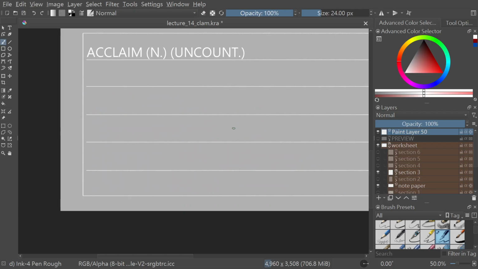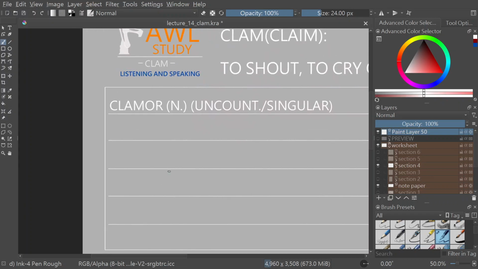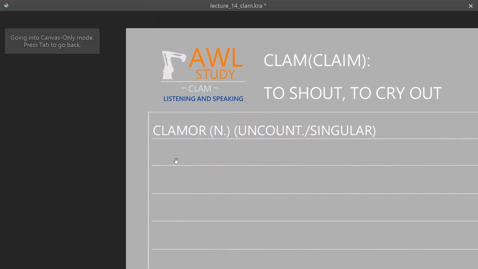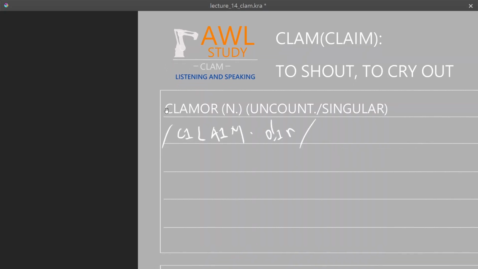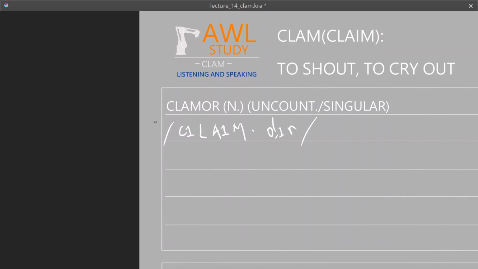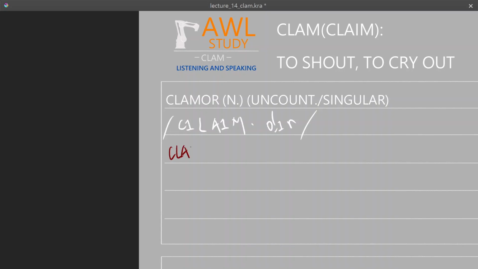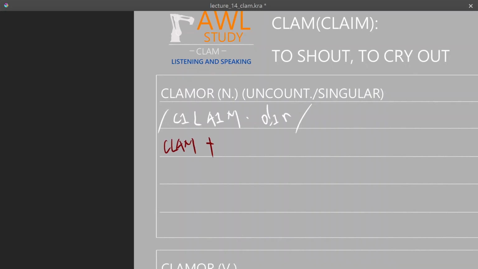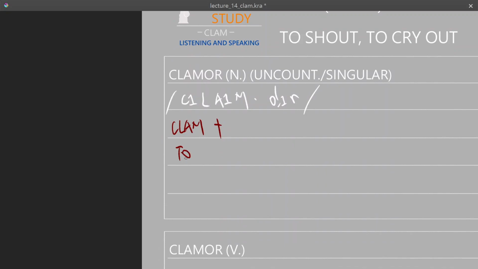All right, next one is clamor as a noun. Clamor. And we have the root clam, to shout.